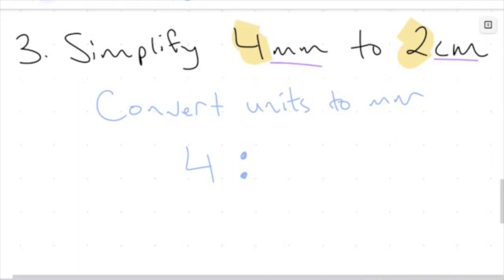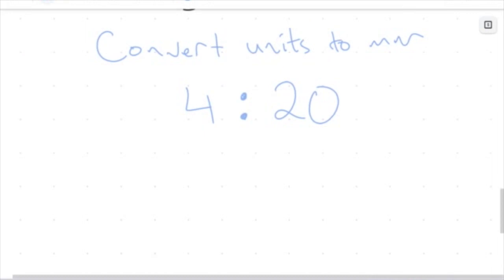Okay, well, my 4 millimeters is going to stay as 4. And 2 centimeters, well, how many millimeters are in a centimeter? Well, there are 10 millimeters in a centimeter. So in 2 centimeters, I have 20 millimeters. And now I can say, all right, well, what number goes into both 4 and 20?